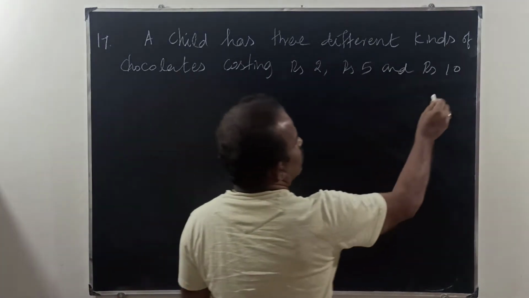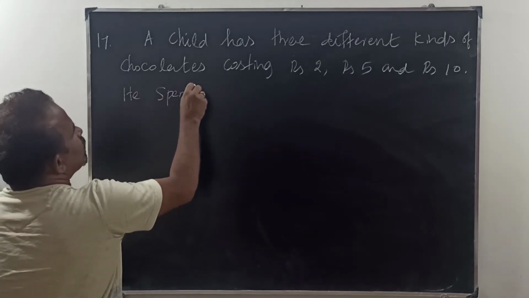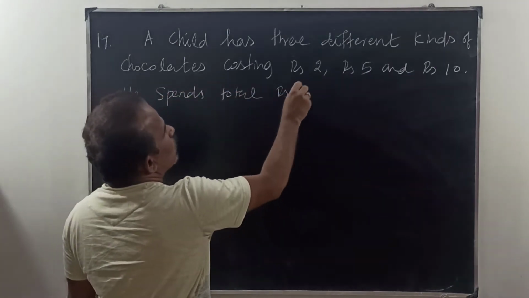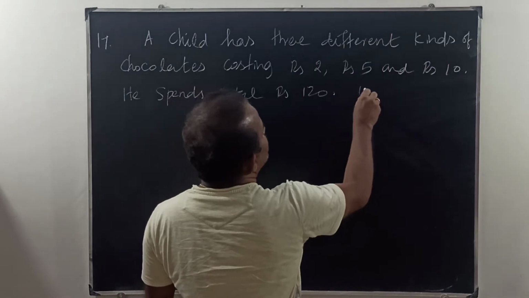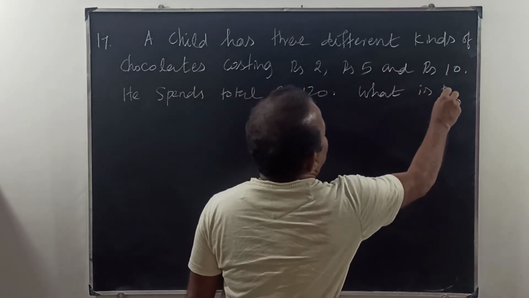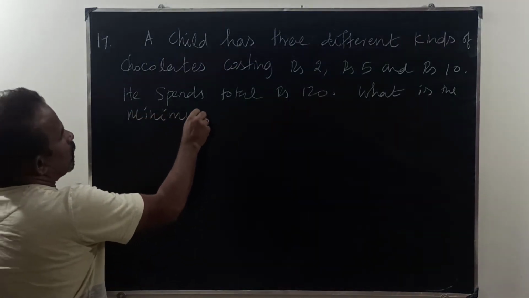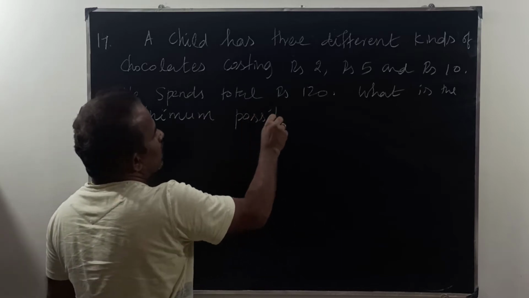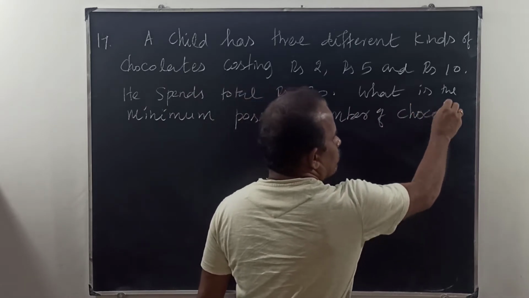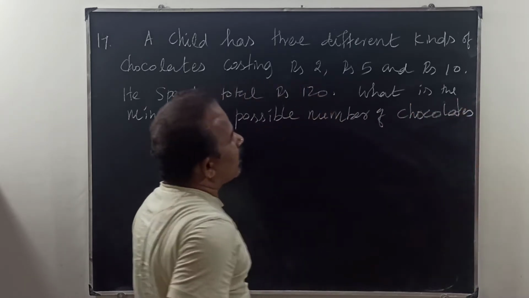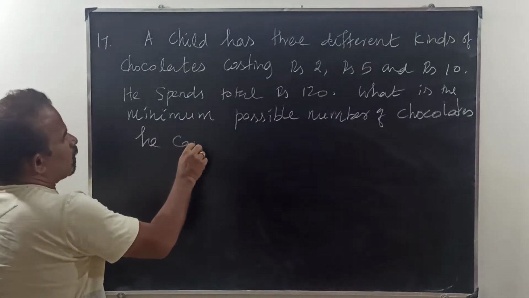He spends a total of rupees 120 on the chocolates. What is the minimum possible number of chocolates he can buy?